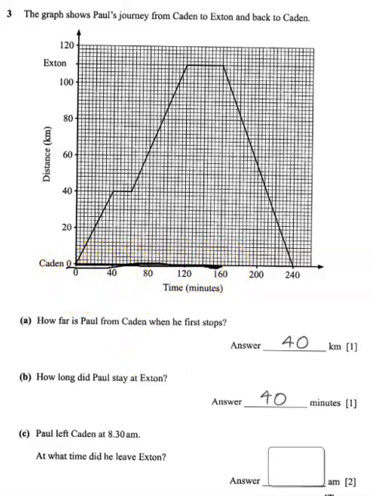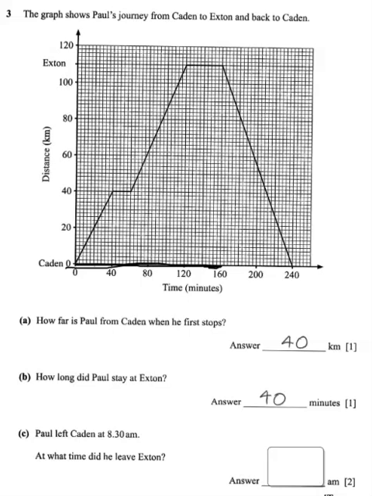So what we're looking at is 2 hours and 40 minutes in total it took him, 2 hours and 40 minutes before he actually left back for Caden. So for this one you add 2 hours and 40 minutes to 8:30 a.m., which is 11:10, or 10 past 11 in the morning.